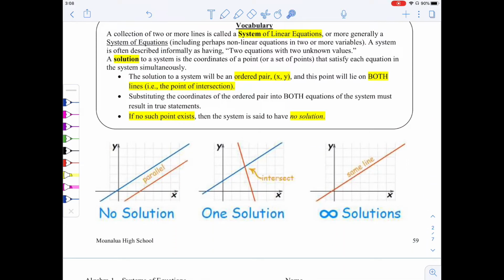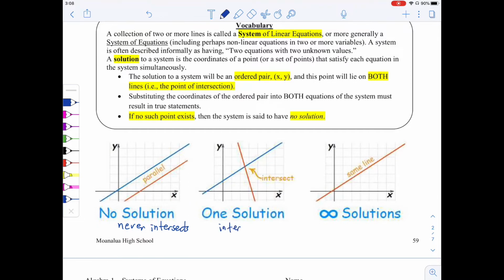So you have different types right here. Ordered pair (x, y): if this point lies on both lines, that is an intersection. That's your solution. If it does not exist, it's going to be parallel because it never intersects. So it's no solution, right? This never intersects, so you have no solution.